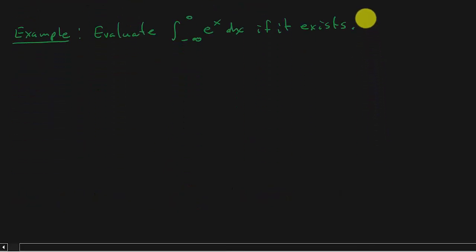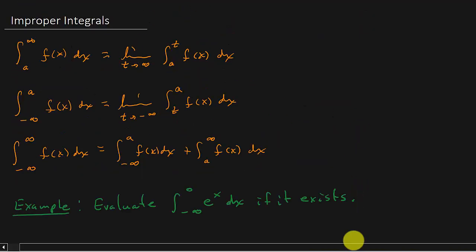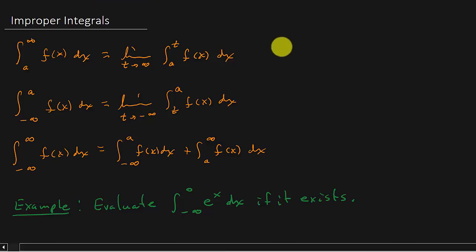All right, so here we have the integral of e to the x dx from negative infinity to 0, if it exists. One thing I want to mention here: if the limit exists, then the integral is convergent.